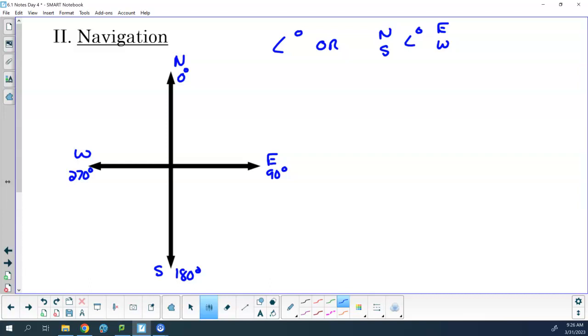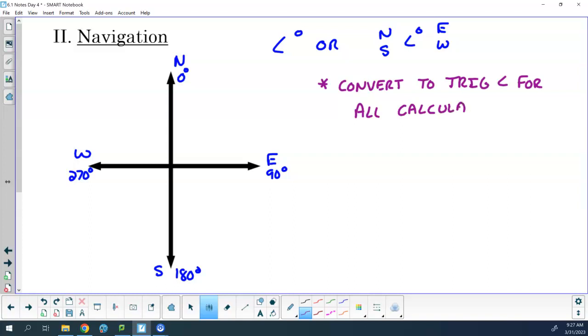Either way, no matter how your bearing angle is given to you, the very first thing you need to do is convert that angle. Oops, I forgot the V. Got to convert it to a trig angle for all of your calculations.